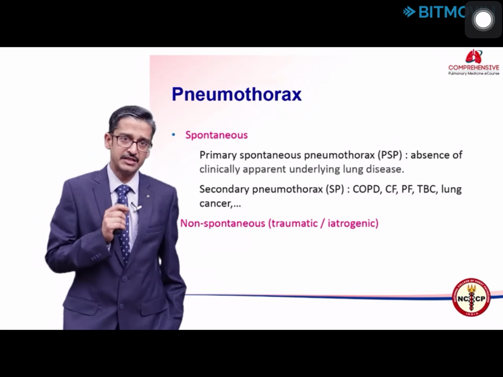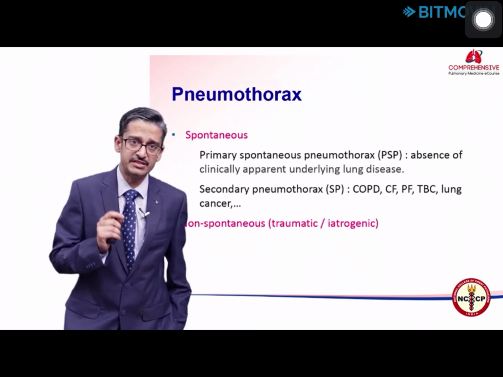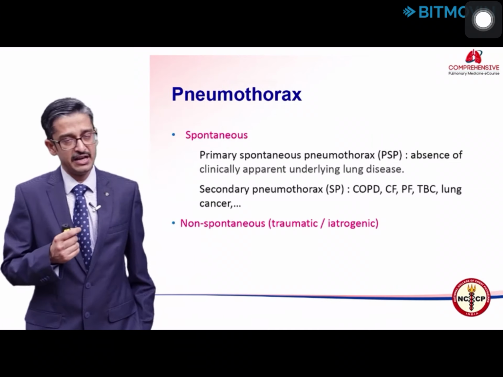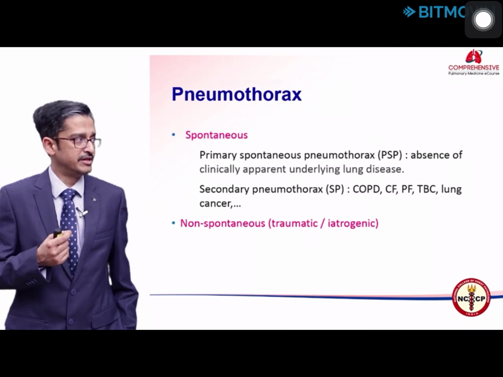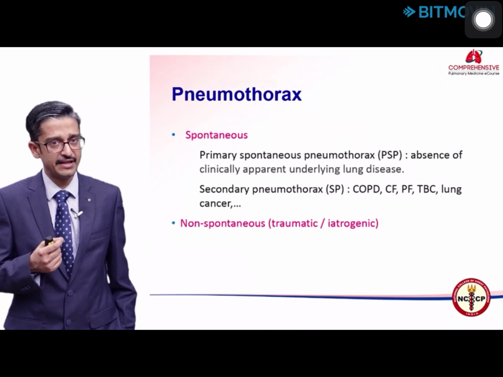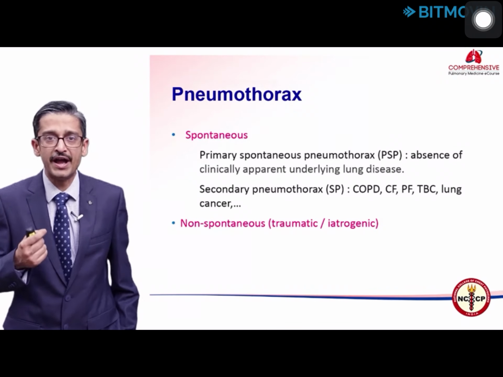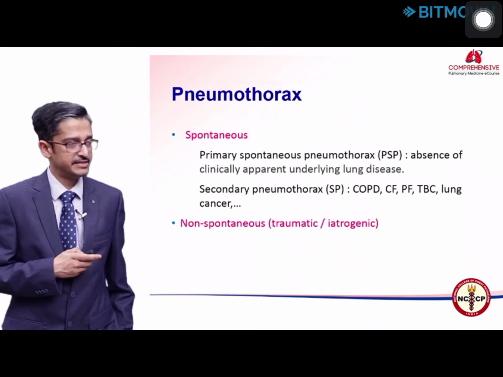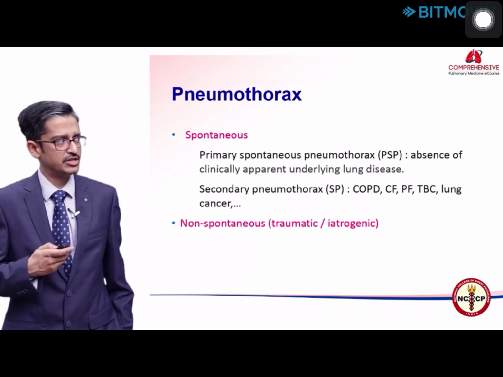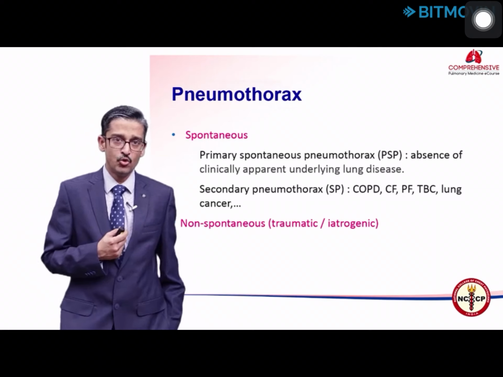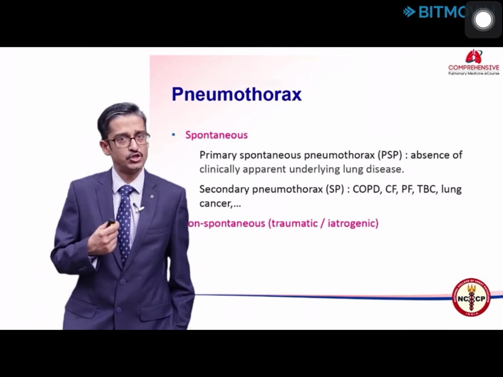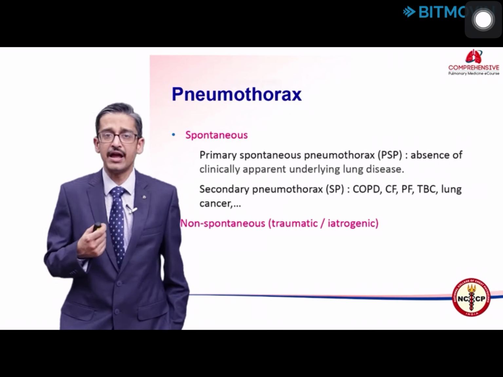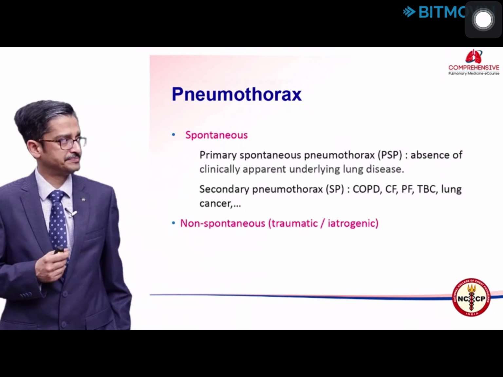Secondary pneumothorax conventionally is when there is underlying lung disease in the way of COPD, cystic fibrosis, pulmonary fibrosis, lung cancer, and you can think of a wide variety of other lung diseases. And then conventionally, you have a third variety which is non-spontaneous pneumothorax, which is caused by trauma and can be iatrogenic, so caused by us.